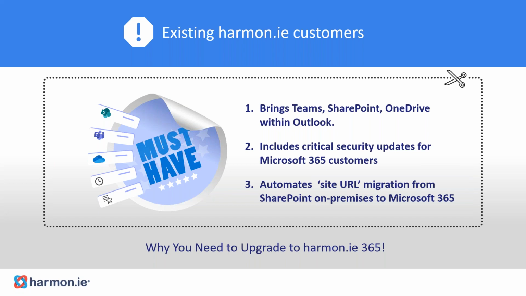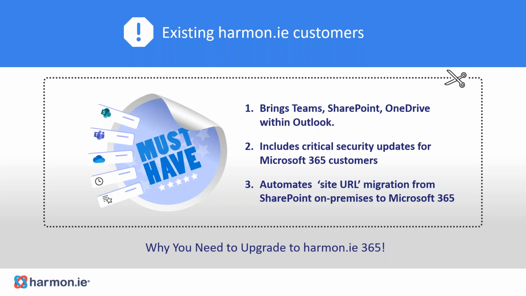We've done some incredible things in terms of security and removing the need for password storage. We also have, for existing customers, an incredible tool, which is a site URL migration.